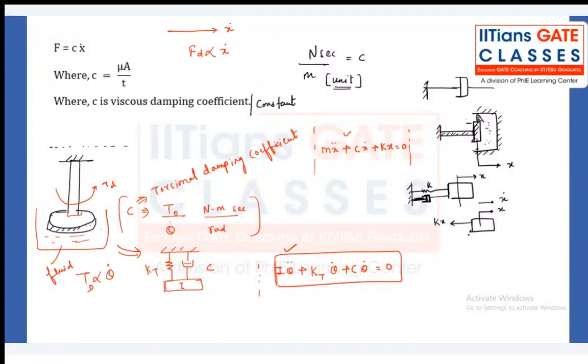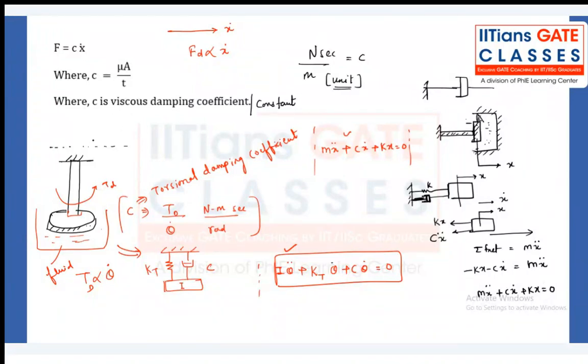So kx is the restoring force and the damping force c x dot will be acting like this. If you write the equation of motion, net force is equal to m x double dot. So minus kx minus c x dot equals m x double dot. So m x double dot plus c x dot plus kx equals 0. That is the equation of motion for a linear vibrating system.